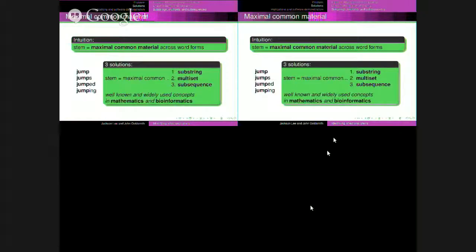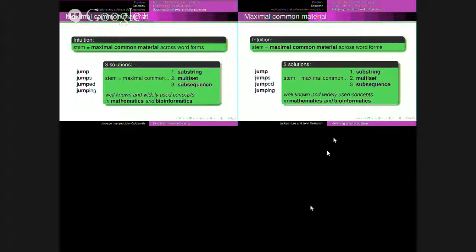Okay, back to this intuitive idea spelled out clearly by Andrew Spencer. A stem is the maximal common material across all the word forms. The way we try to formalize this is as follows. We find that there are three natural, well-defined ways from mathematics and bioinformatics, such as DNA sequencing work.